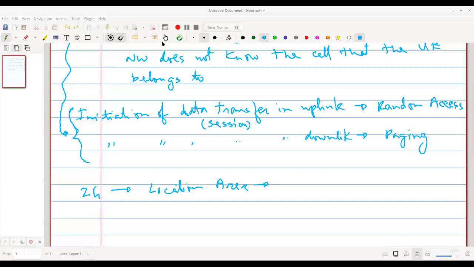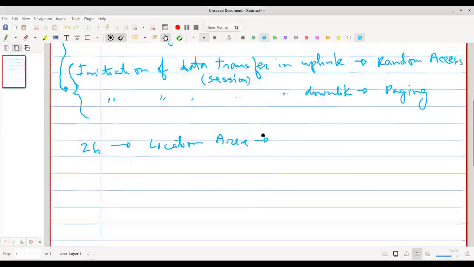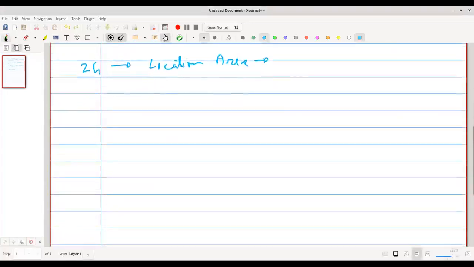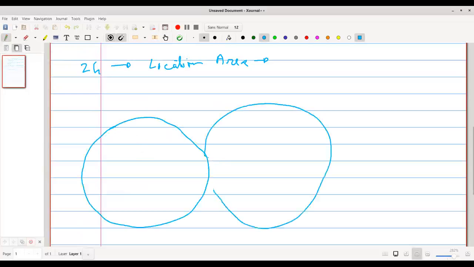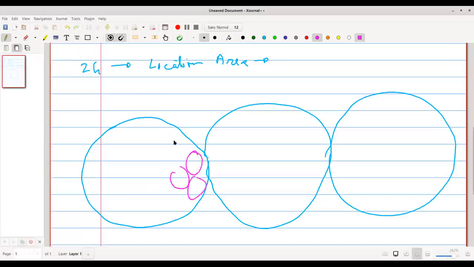The location area may have a number of cells. All these pink circles represent cells.